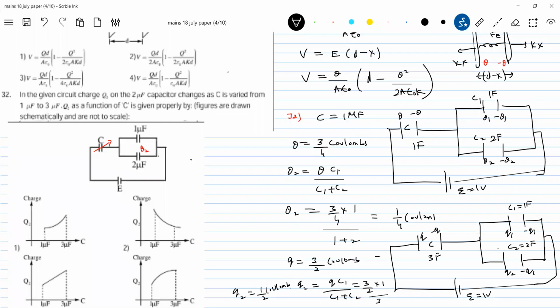So shall we go on now? The problem is, which particular graph among all three, 1, 2, 3, we have to pick up.